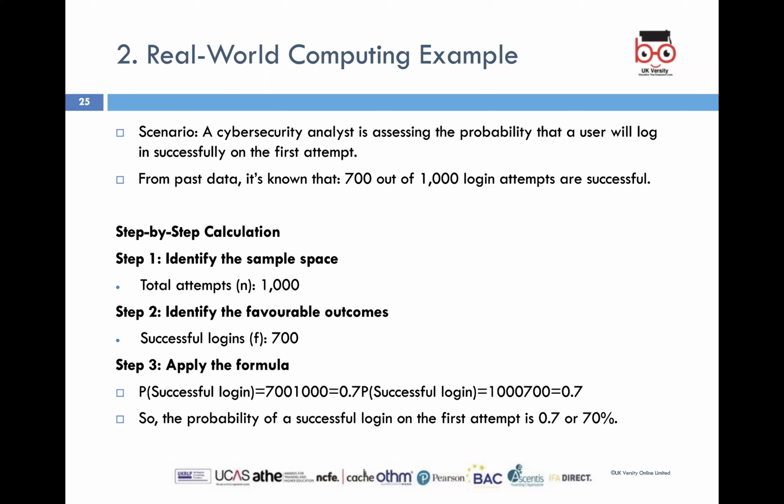Step two, identify the favorable outcomes: successful logins were 700. Step three, apply the formula: P(successful login) equals 700 divided by 1,000, which equals 0.7. So the probability of a successful login on the first attempt is 0.7, otherwise known as 70%.